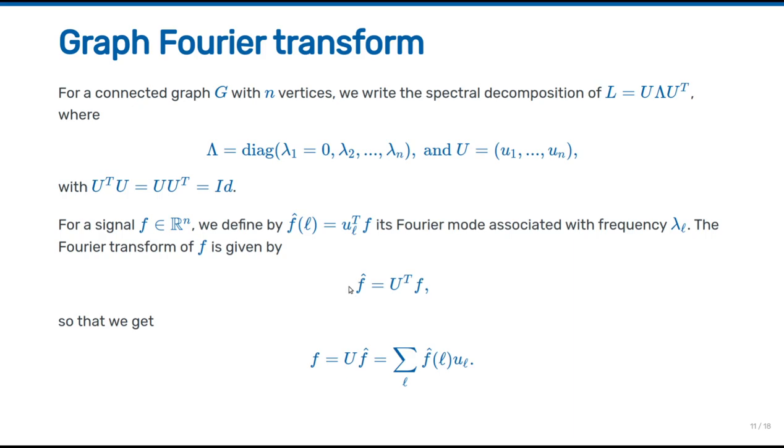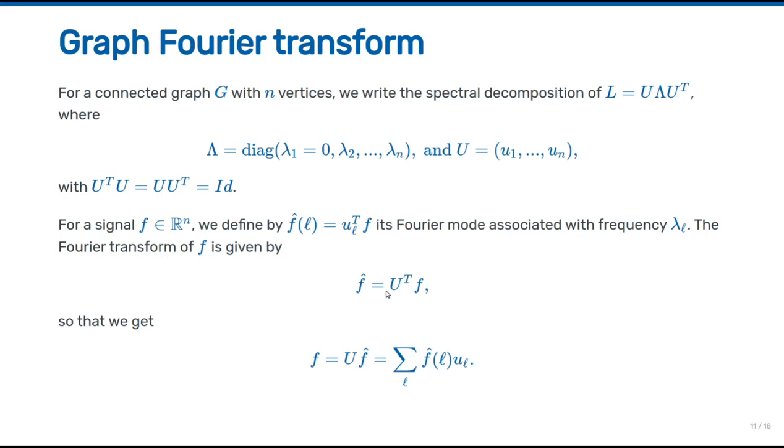So in matrix form, you have that the f hat, so containing all the f_l for all l, is just the matrix U transpose times F. So this is the Fourier transform of my original signal, f hat. And now, thanks to this formula, it's very easy to recover the original signal from the Fourier transform.